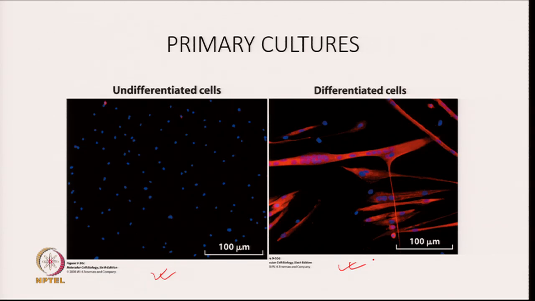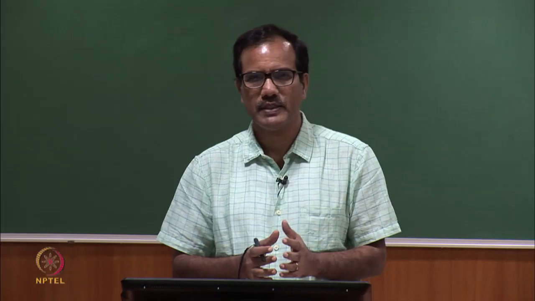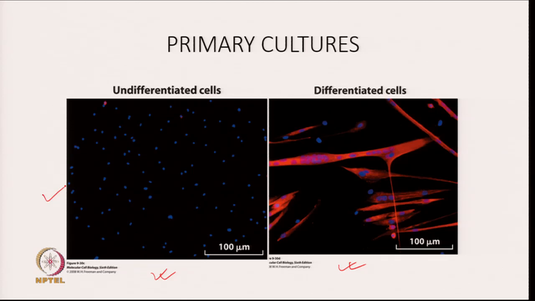So, you can differentiate between different types of cells, or cells in different conditions or status. One example here is of undifferentiated cells and this is for differentiated cells. There is a remarkable difference between the images of the two different cells.